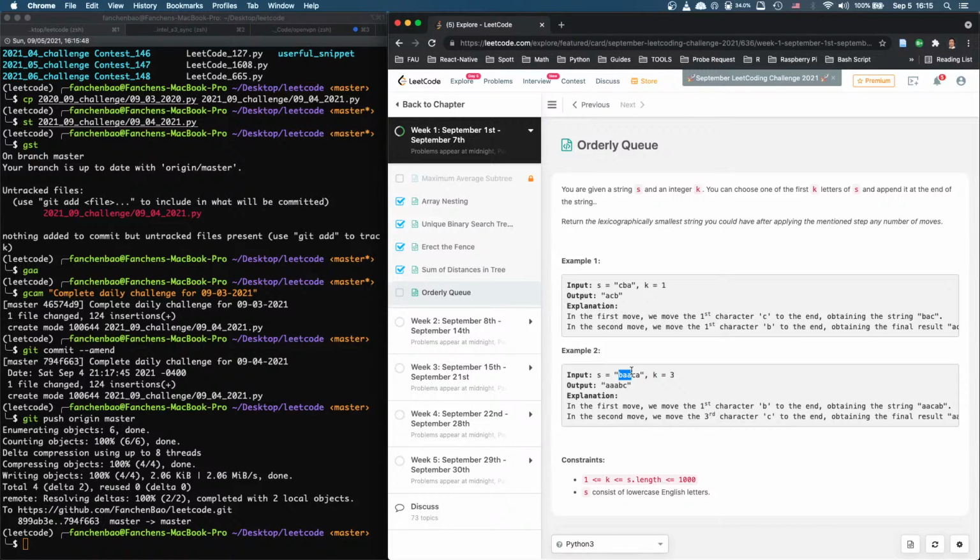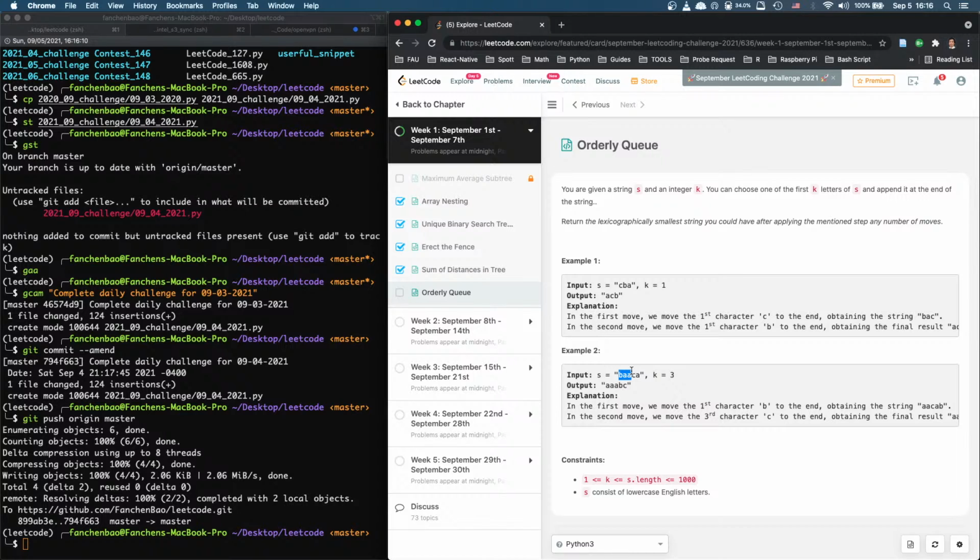Let me think about it again. What am I trying to say? What I'm trying to say is the smallest K letters we can move to the front, right? And that will take, oh God, I actually don't know how many steps it will need to take.